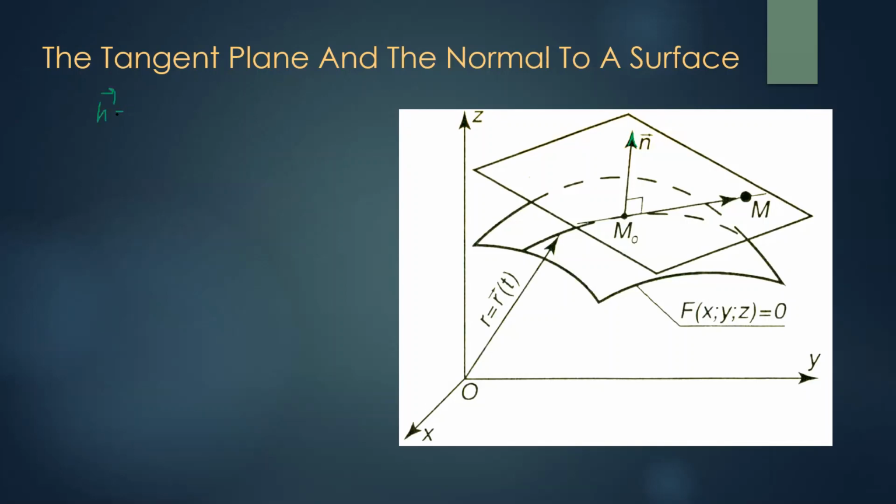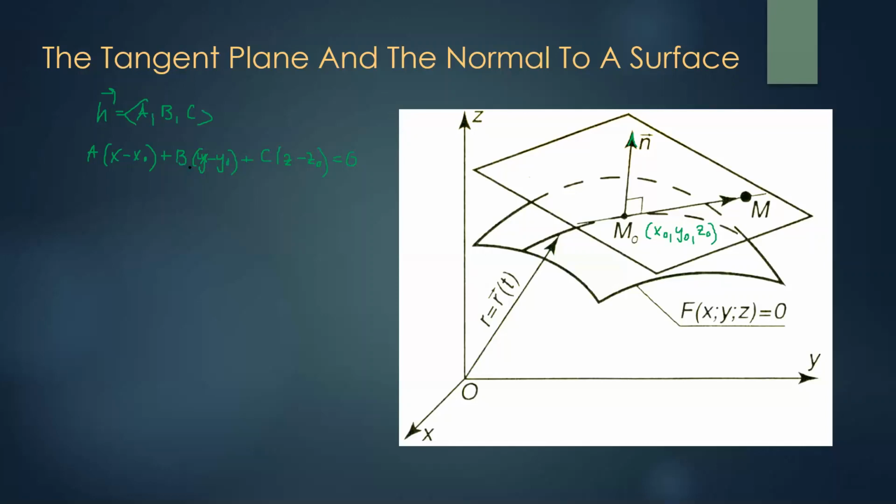So if the normal vector is A, B, C, then the point M0 has coordinates x0, y0, z0 on the surface, then of course you know that the equation of this tangent plane, if we only know ABC, I am reminding you from analytic geometry, which you should know by now, is A(x minus x0) plus B(y minus y0) plus C(z minus z0) equals 0, then simplifying using the numbers, right?